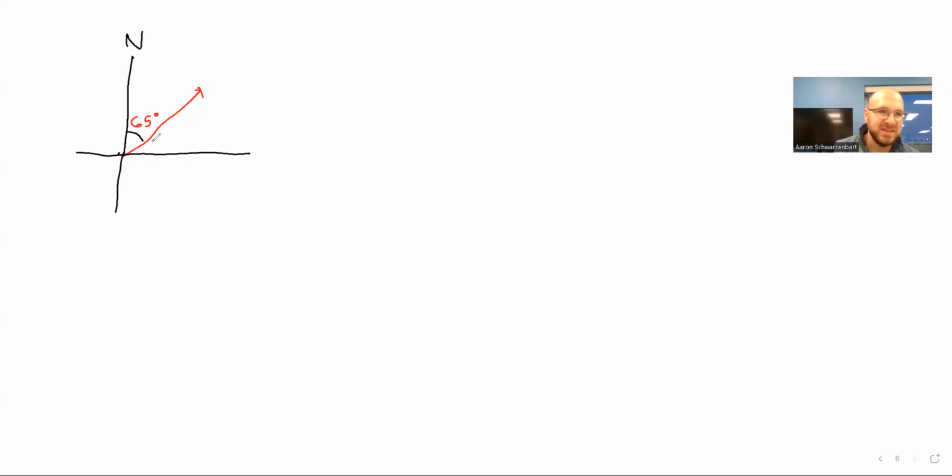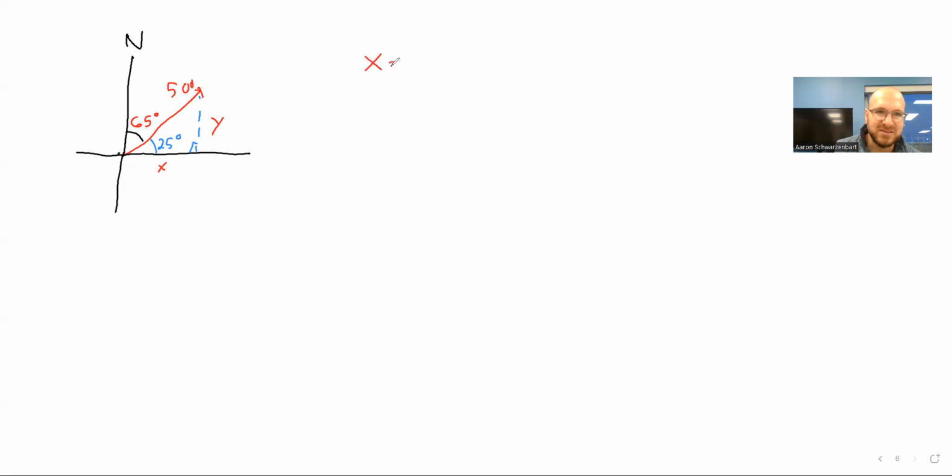For simplicity's sake, I'm going to find this angle, because if I do the angle to the x-axis, my x component is always going to be the cosine. Be careful on that. Your x component should be cosine. Your y component should be sine if you use the angle to the x-axis.